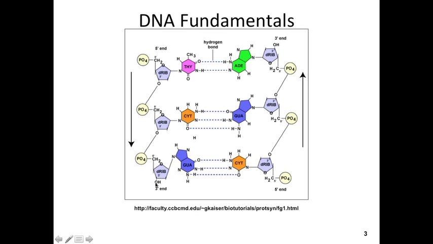But the last sugar on this side would be the one where the 3 prime end is not bound with the PO4. So basically it's a naming based on where the phosphate group is attached. This would be called the 5 prime end, and this will be called the 3 prime end.